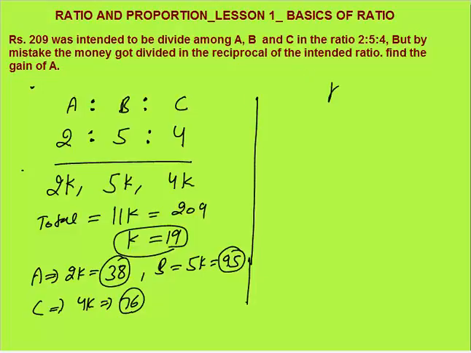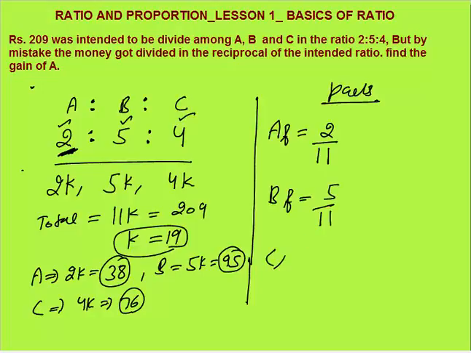Second method I told you, parts method. A fraction is how much? See, total parts are 2 plus 5 plus 4, 11 parts are there, out of which A got 2 parts. So A fraction is 2 by 11. B fraction is 5 by 11. C fraction is 4 by 11.